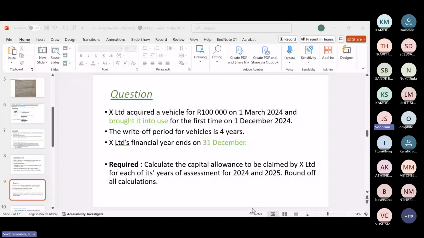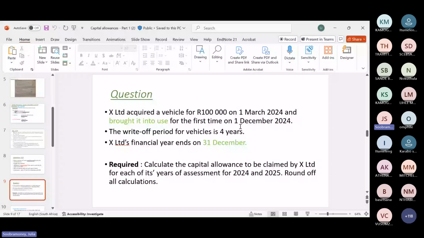Now, I know how you told me it's 1 month. Why? Because for tax purposes, we only start calculating wear and tear when we bring it into use. Even though we purchased it in March, we never used it. We only started using it on 1 December. So therefore, we only calculate an allowance for 1 month.